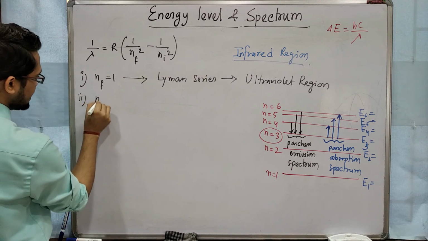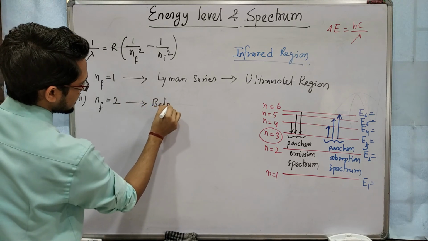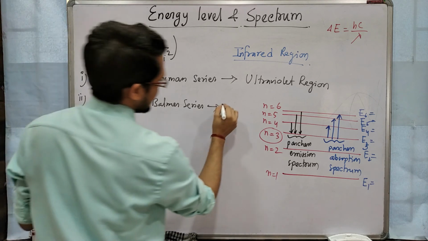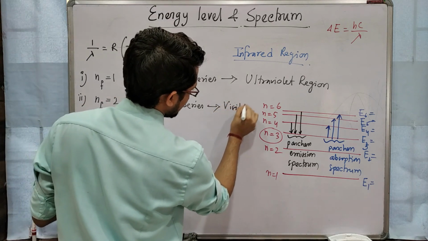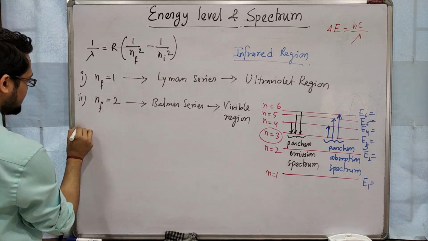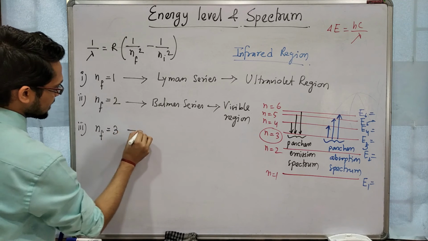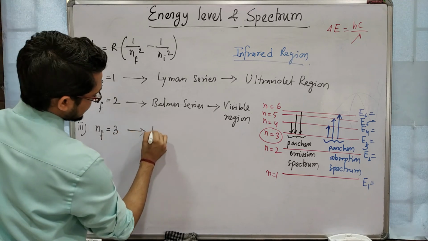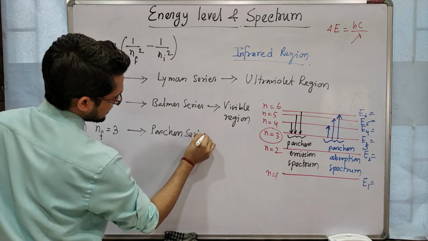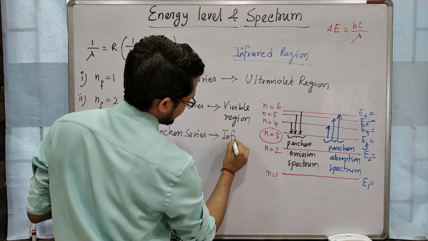Second, when nf equals 2, this is the Balmer series, and it will lie in the visible region. Third point, nf equals 3 is the Paschen series, and it will lie in the infrared region.